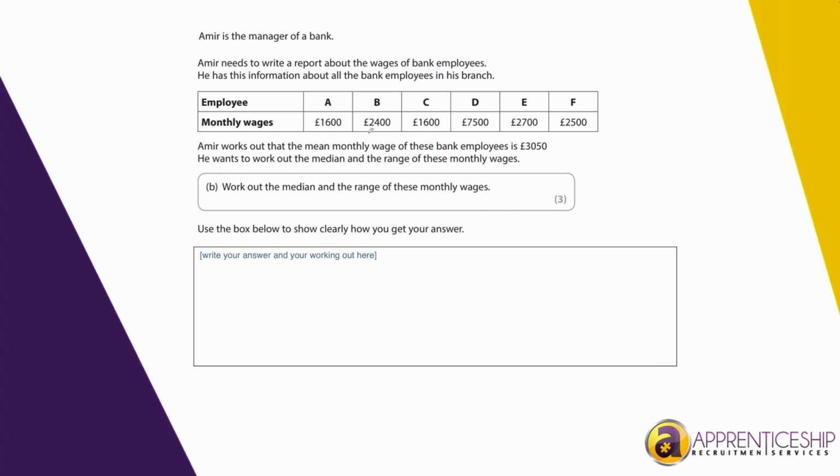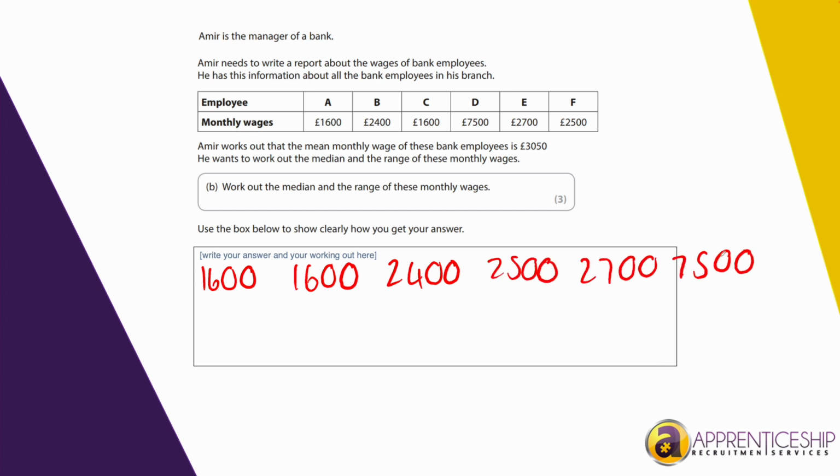So here we've got bank employees and their monthly wage. He wants to work out the median and the range. So the median, we'll put them in order. So 1600, 1600, 2400, 2500, 2700, 7500, and then 1, 2, 3, 4, 5, 6. So we're looking for 6 plus 1 is 7.